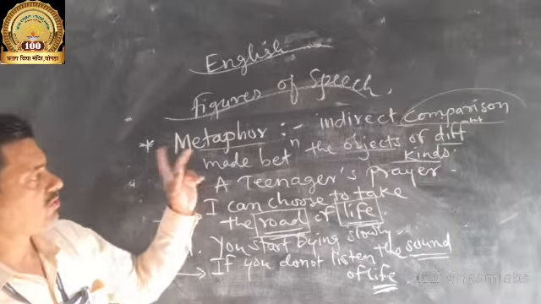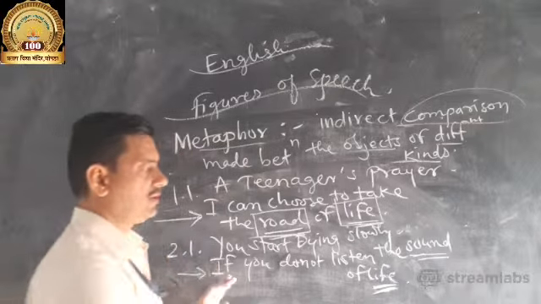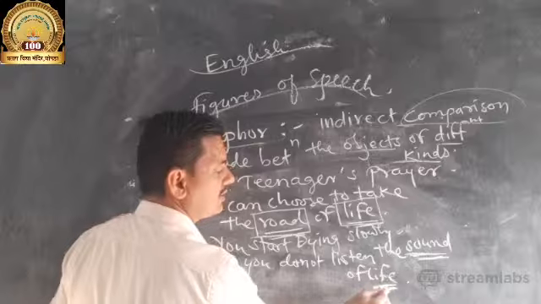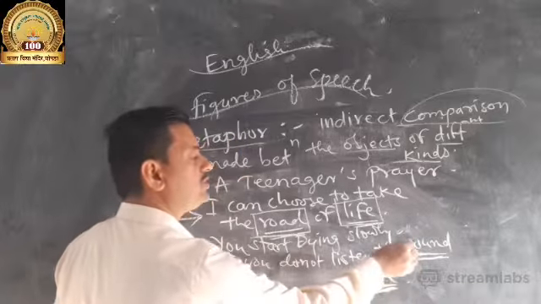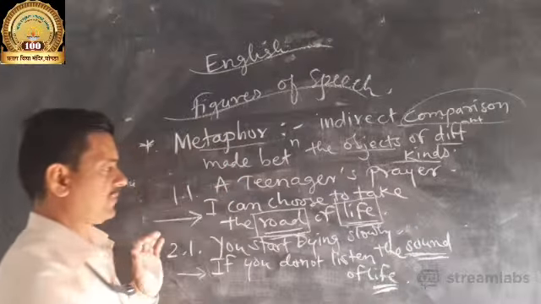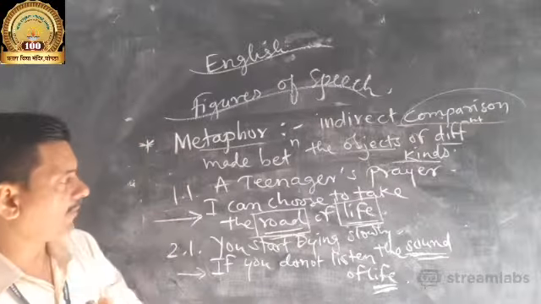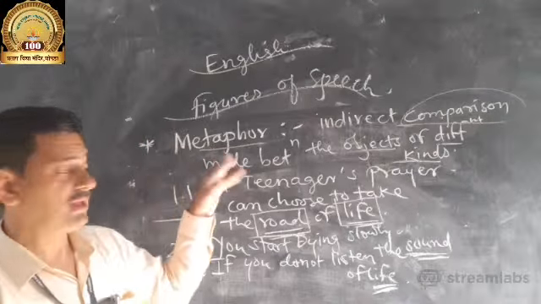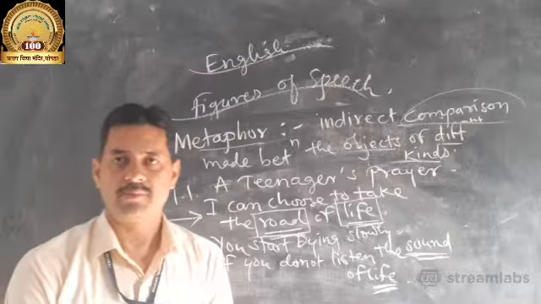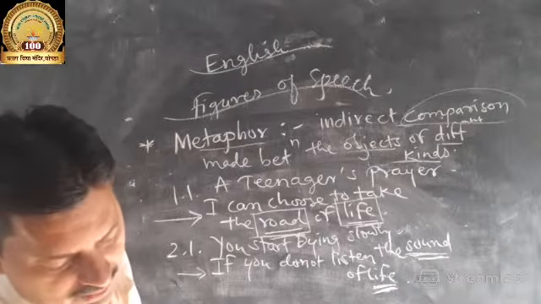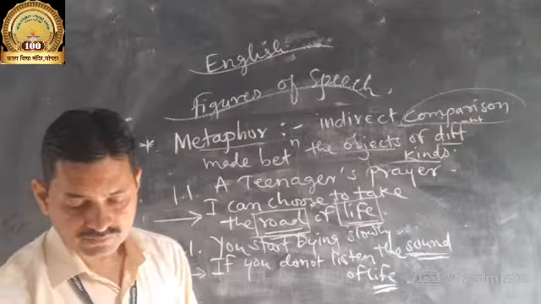It is important for all of us to identify 2 different objects and which point is given common there. If you identify them properly, then it is metaphor, figure of speech. So I hope all of you have understood this.